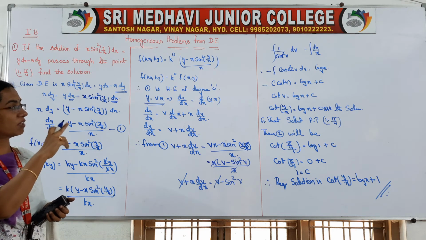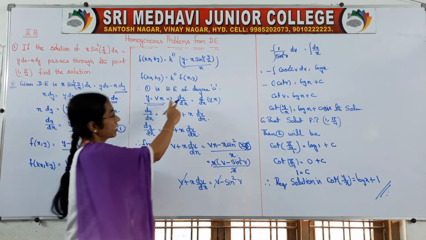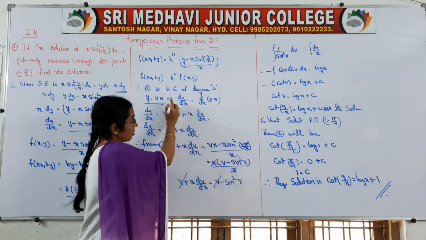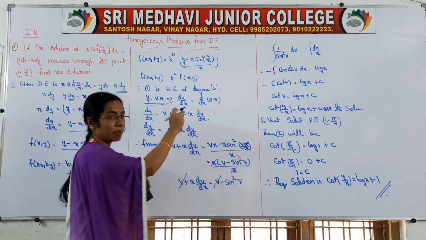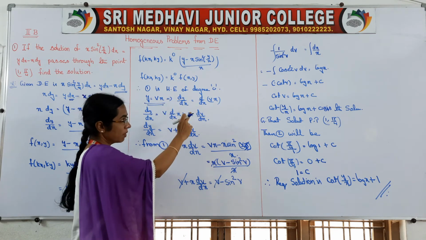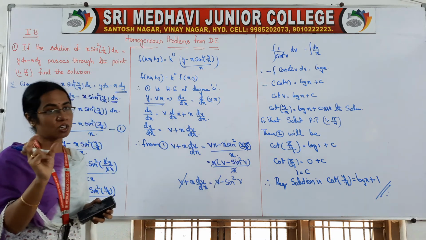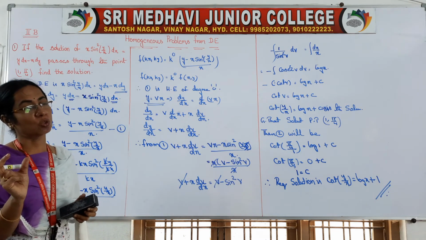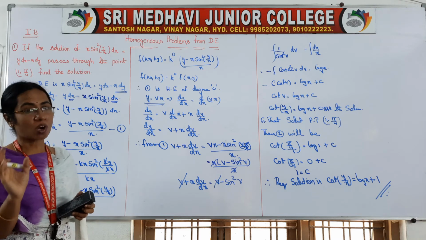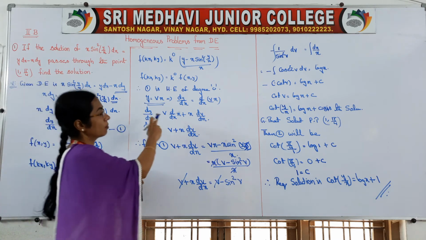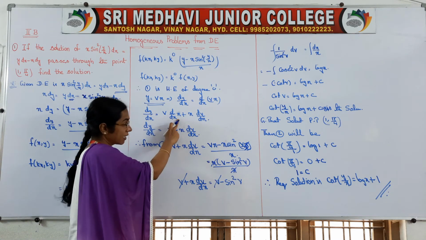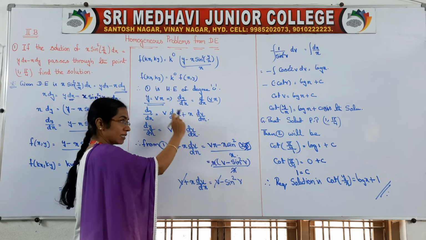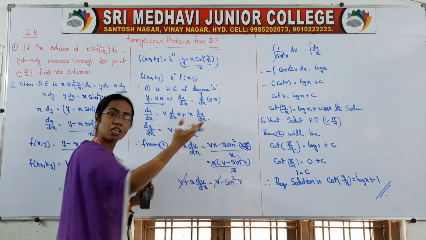Once you have taken y = Vx, then take dy/dx. So dy/dx = d/dx of Vx, a product of two terms. This is the derivative of a product: keeping one term as it is, differentiating the second, plus keeping the second term as it is, differentiating the first.